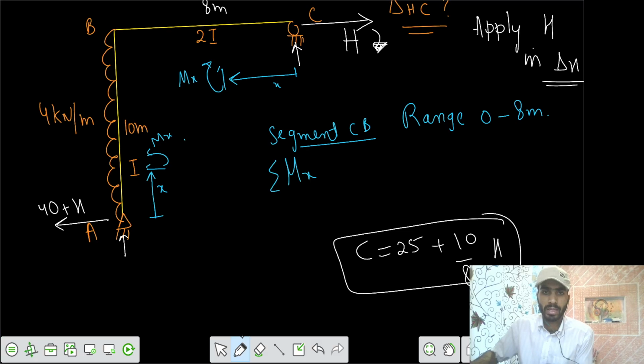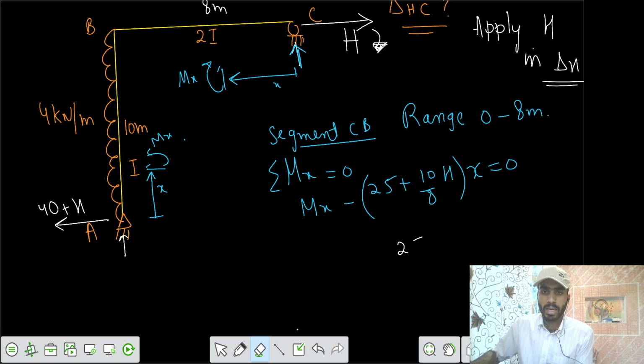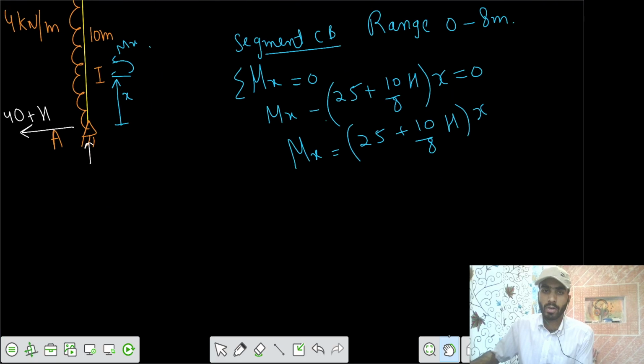By the summation of moments at X equals to 0, we can write mx is clockwise positive. Then we have effect of this one, that's anti-clockwise reaction 25 plus 10 by 8 of H into X equals to 0. So we get the moment at any X equals to 25 plus 10 by 8 of H into X. Let's say you want to get the small m.